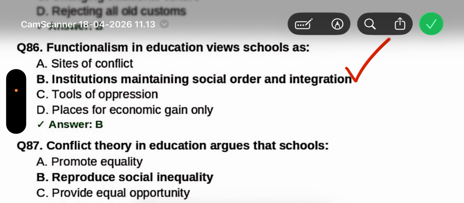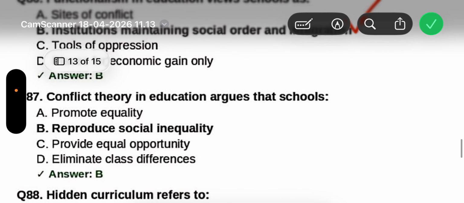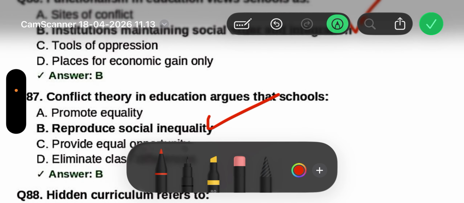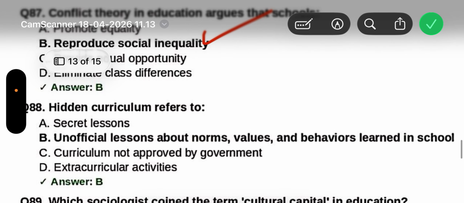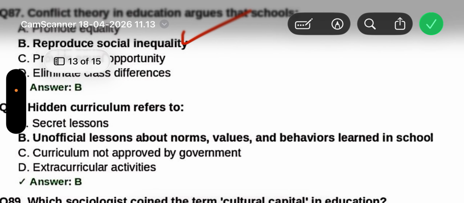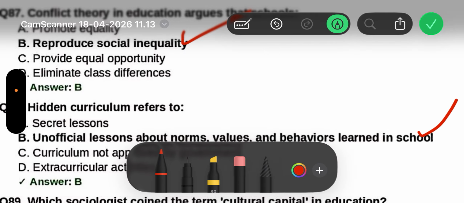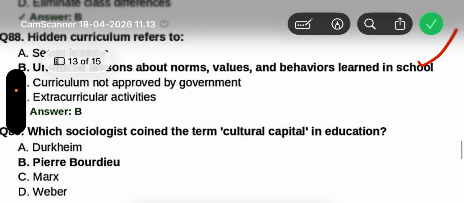Question number 87. Conflict theory in education argues that schools reproduce social inequality. Question number 88. Hidden curriculum refers to unofficial lessons about norms, values, and behaviors learned in school.